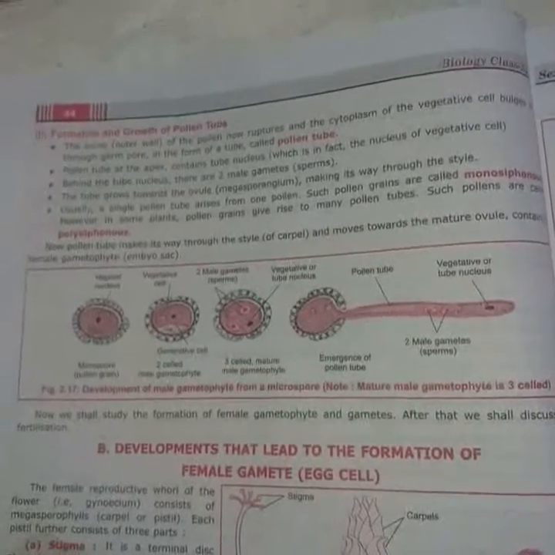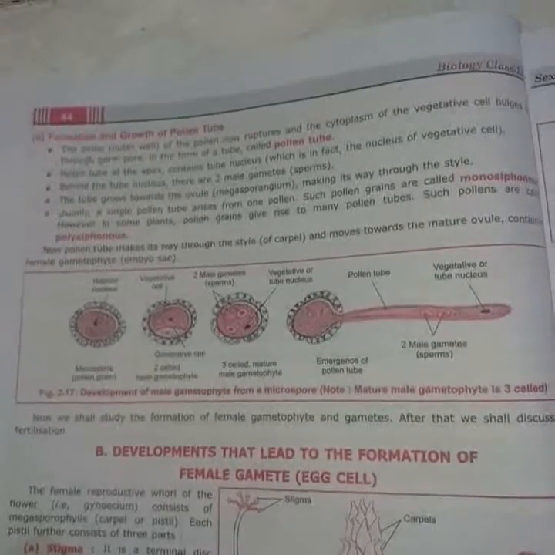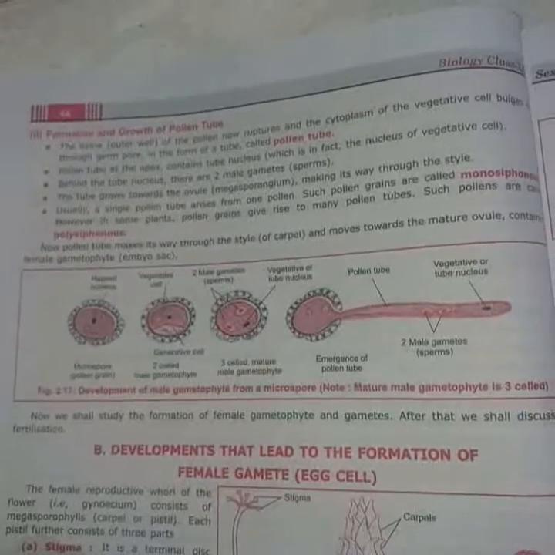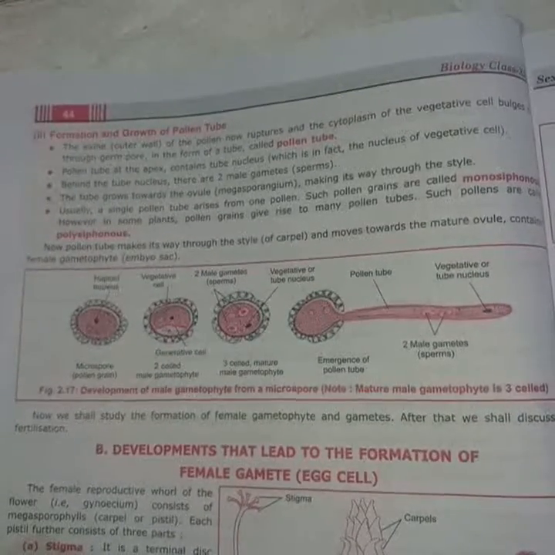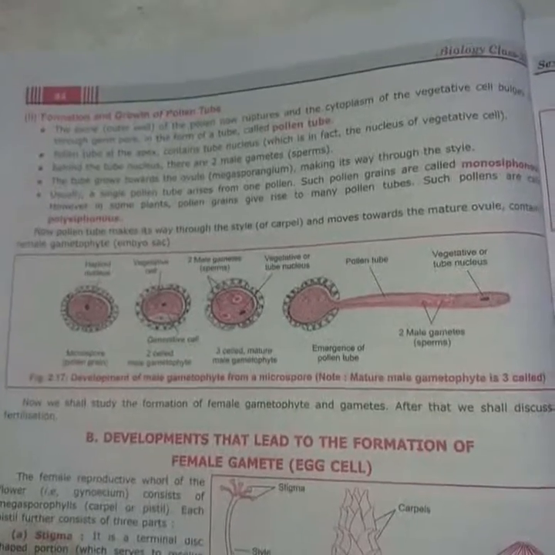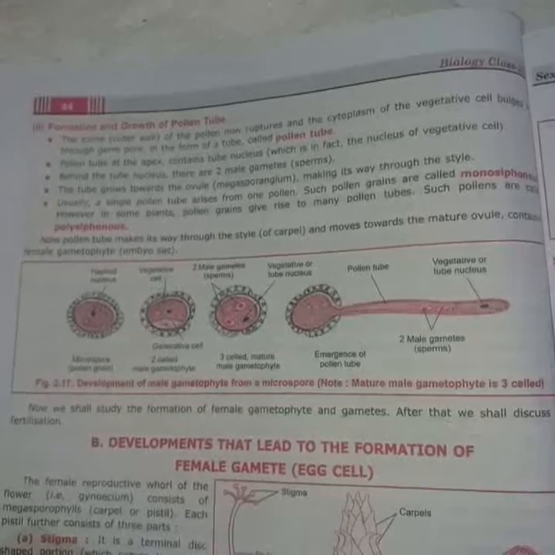After development of male gametophyte from microspores, the mature male gametophyte is three-celled. You know that of the three cells, two are the male gametes and one is the vegetative cell.